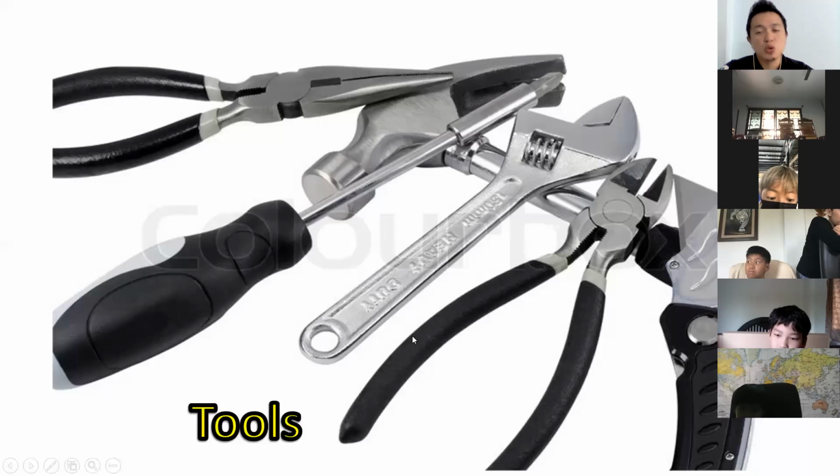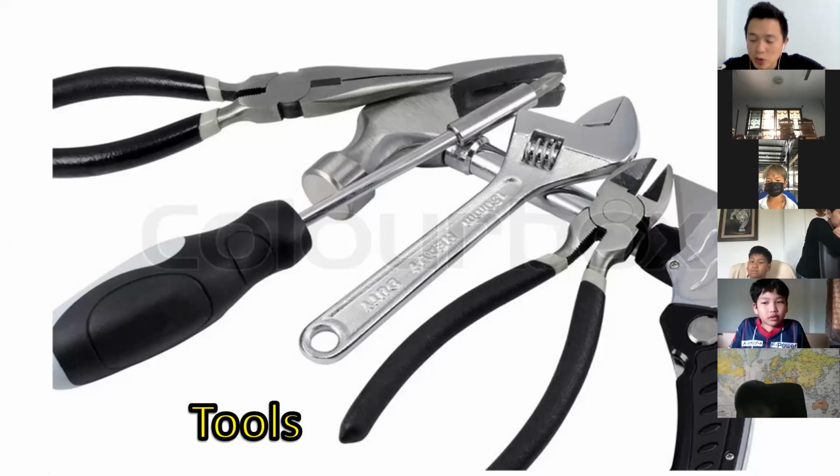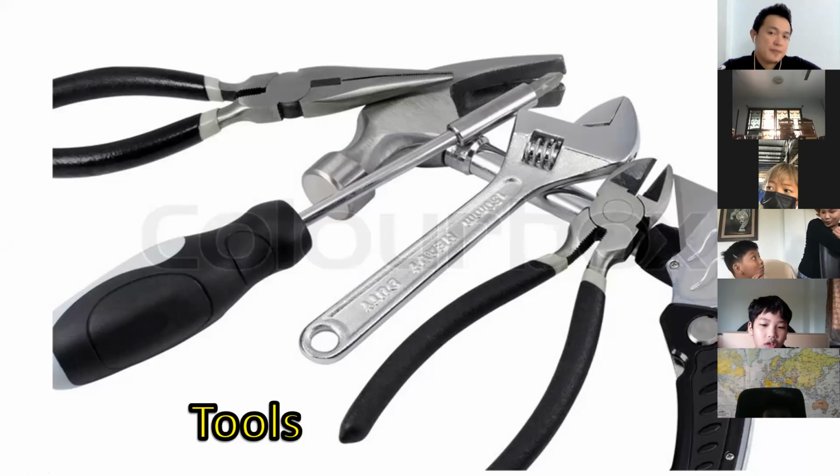Another one, we have the tools. The tools are actually very hard. We use steel to make knives, pliers, screwdrivers, and scissors. These materials are very hard and strong.